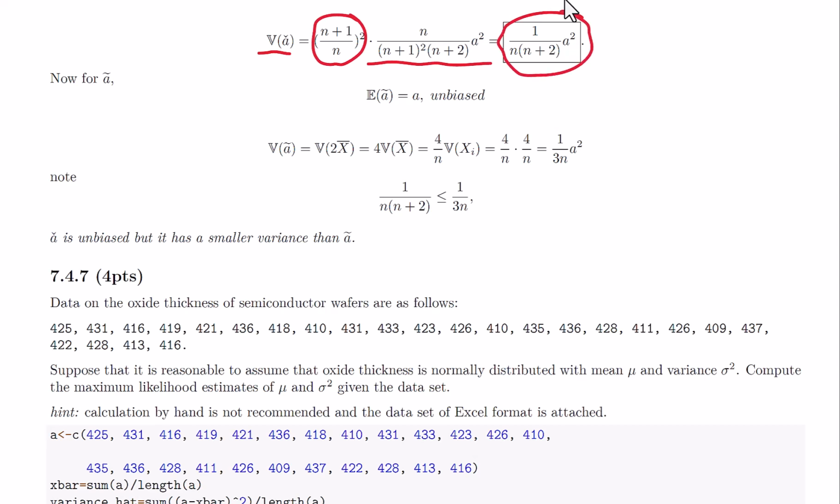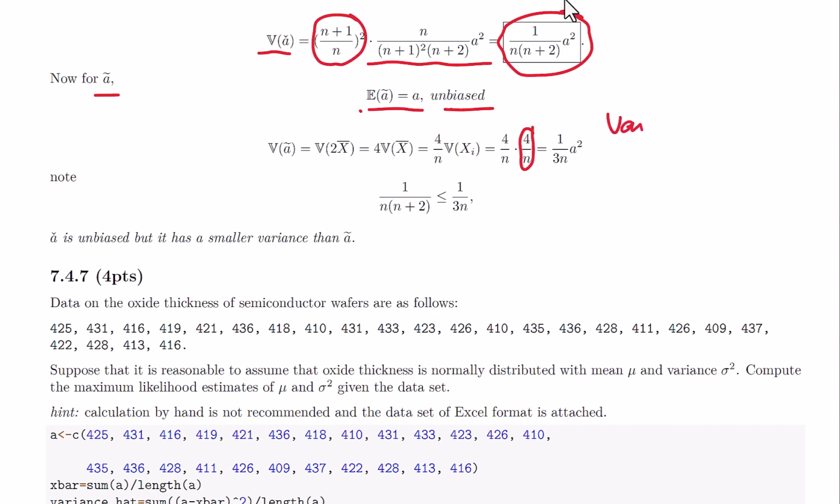It's a little complicated, but for the moment estimator a tilde, the expected value is a, unbiased, no problem. But the variance of this one is much easier, because a tilde equals 2 times x bar. You take the 2 out, it becomes 4, and then the variance of x bar is 1 over n times the variance of xi. What is the variance of xi?